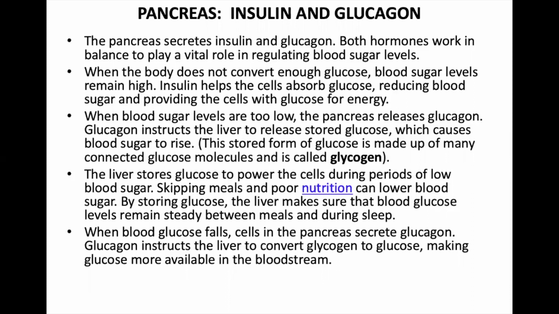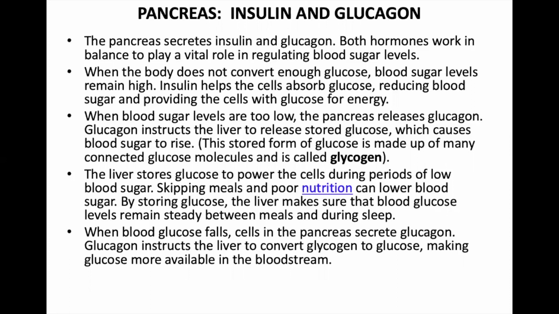When the blood sugar level is very low, the pancreas will release glucagon. So when the blood sugar is high, what will be released? Insulin. But when the blood sugar level is low, glucagon will be released.